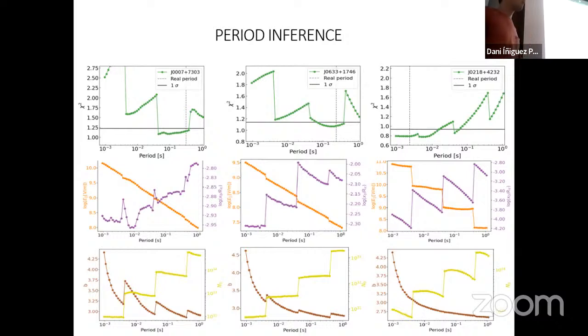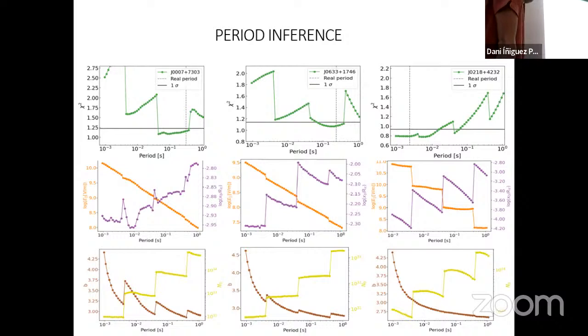Any other questions? Also from Zoom? Any question in Zoom? No question. Actually, I have a question. At present, you are just considering synchrotron and curvature emission.